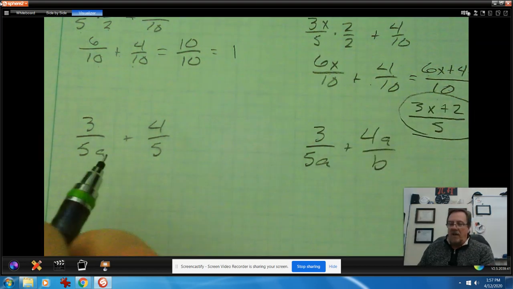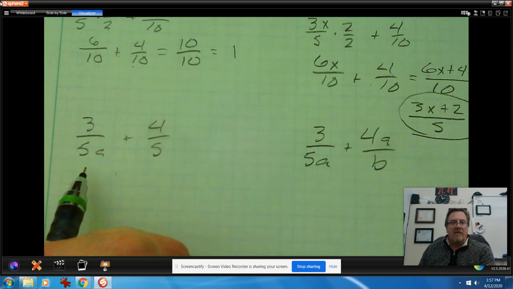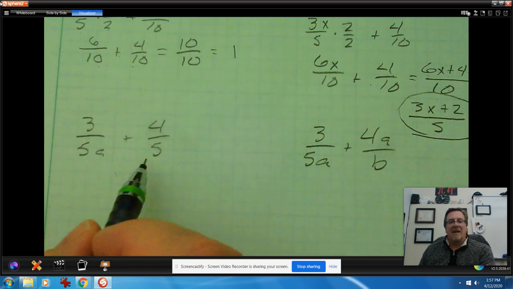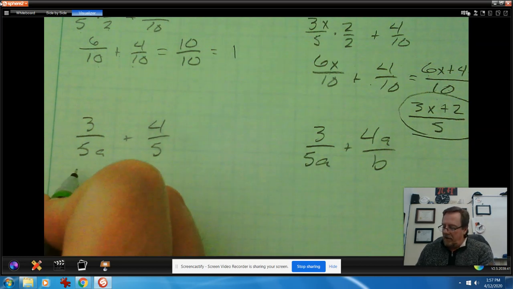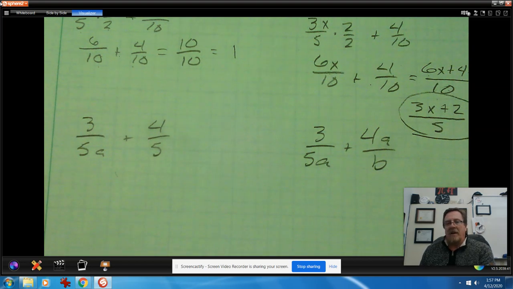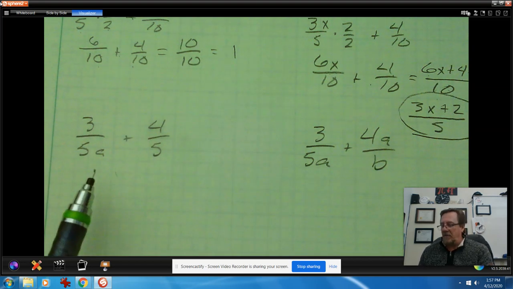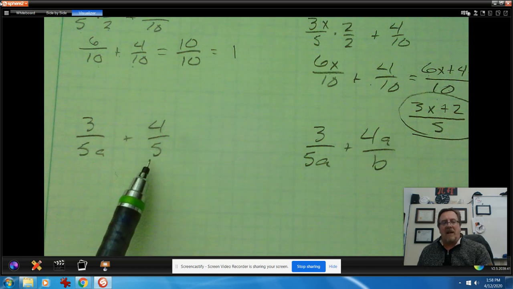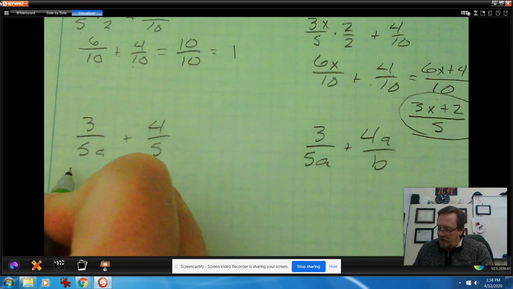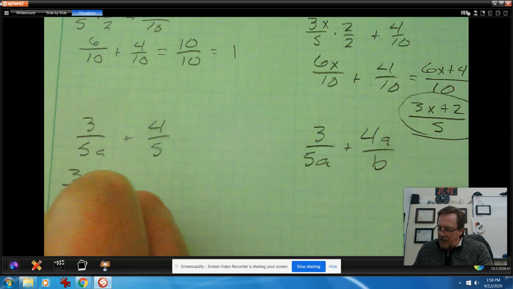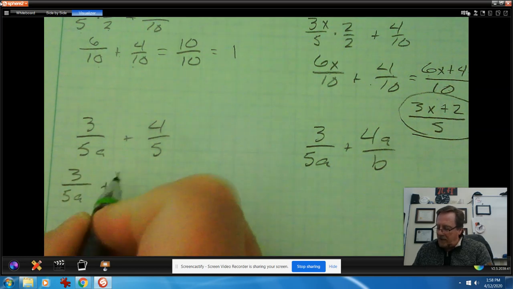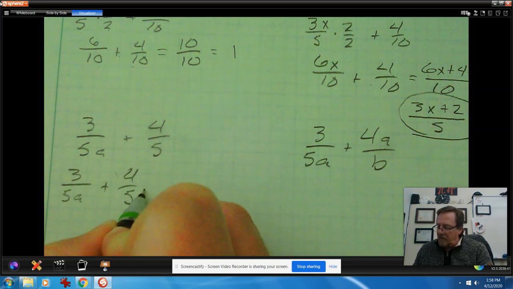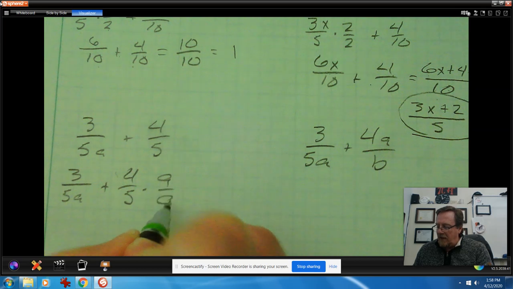All right, so I don't have the same denominator, do I? So the common denominator, or the one that could be the same for both, would be if I had a 5a, because I have a 5 here, I just don't have an a. So I'm going to go 3 over 5a plus 4/5 times a over a.